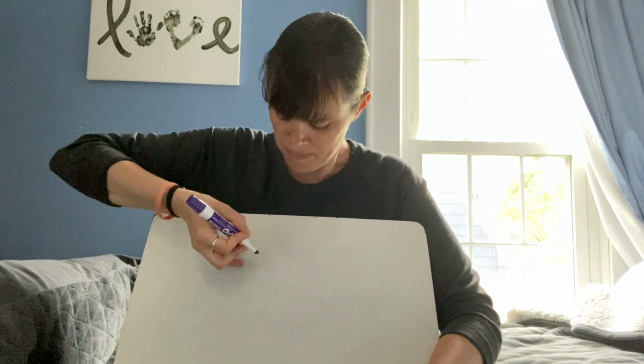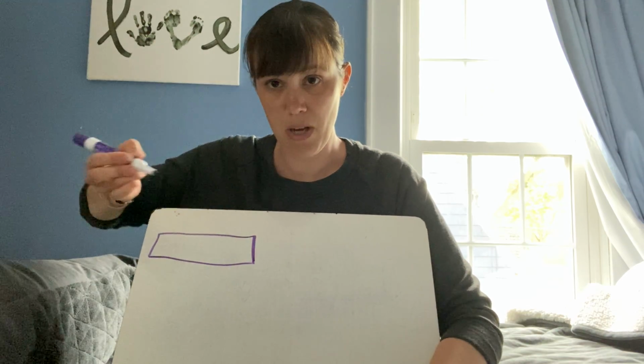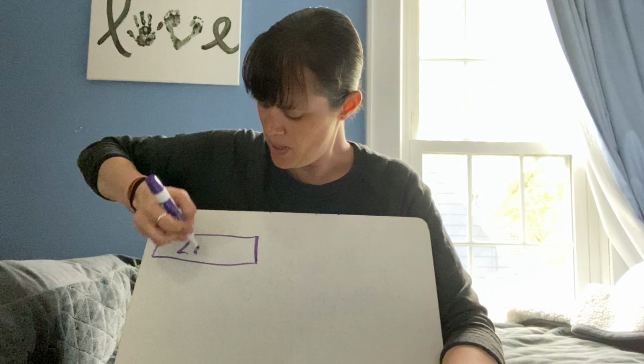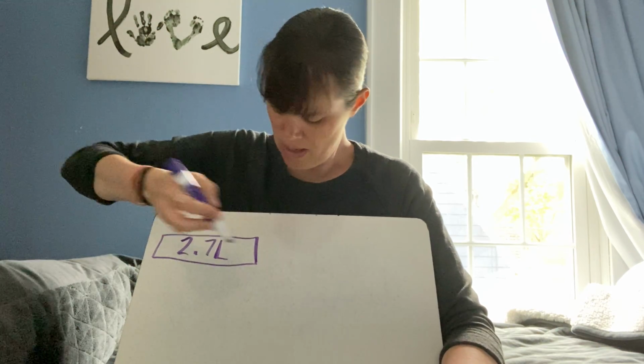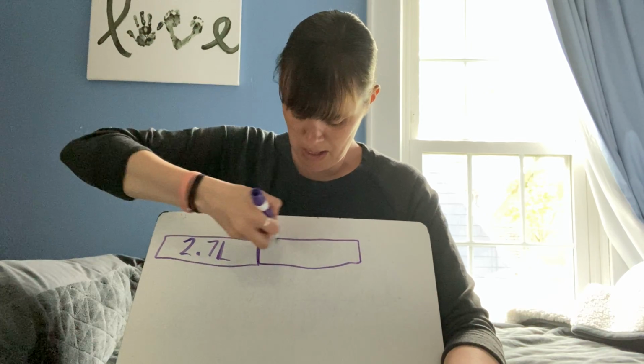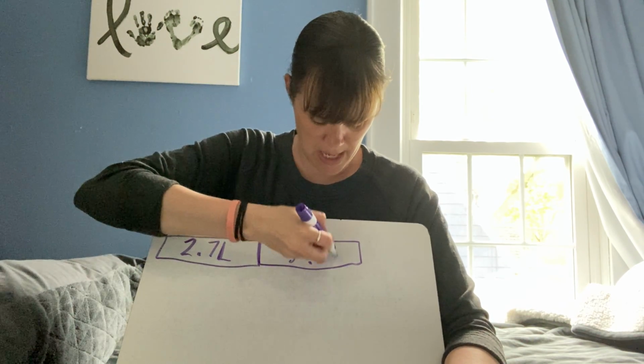That means we're adding. So what we should do is draw a tape diagram for both. You probably circled and underlined and boxed like you were supposed to. This is 2.7 liters, and this one is 3.09 liters.